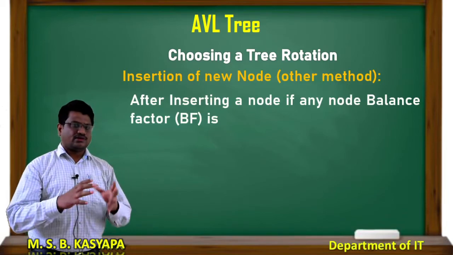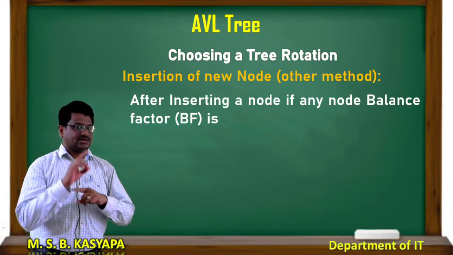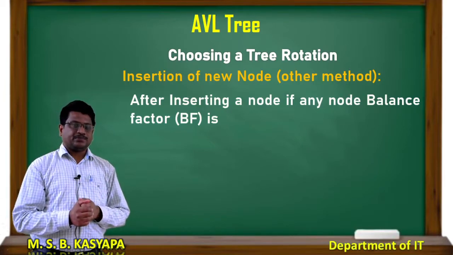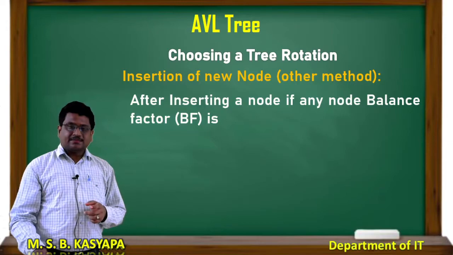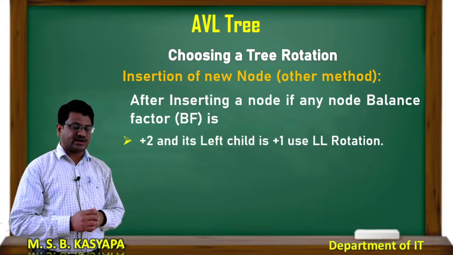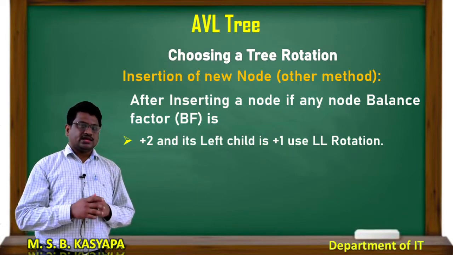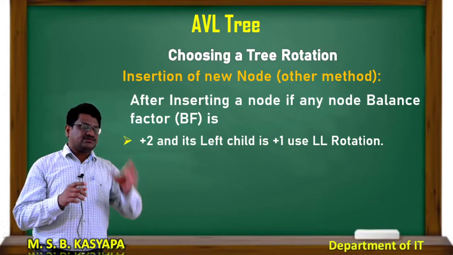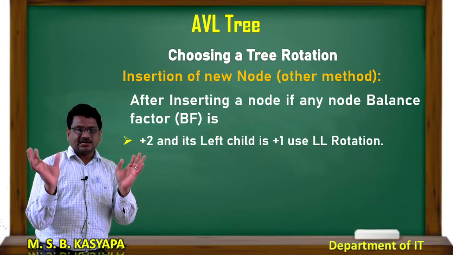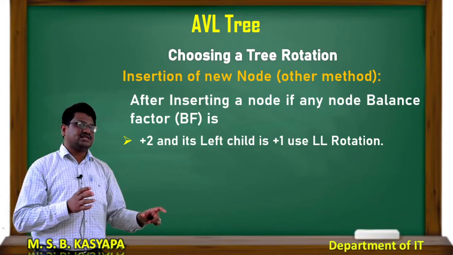First, after inserting values, we will calculate the balance factors. If any node contains a balance factor of plus 2, it means the left side is greater, since the balance factor is height of left minus height of right. So plus means the left side is greater.